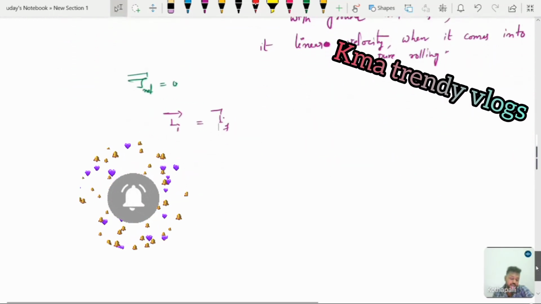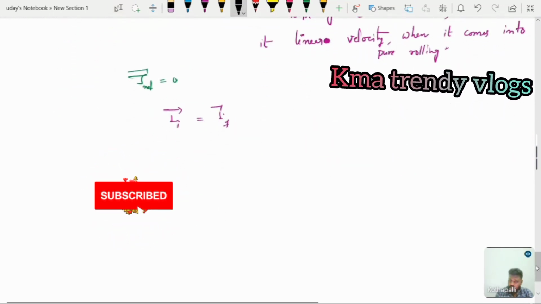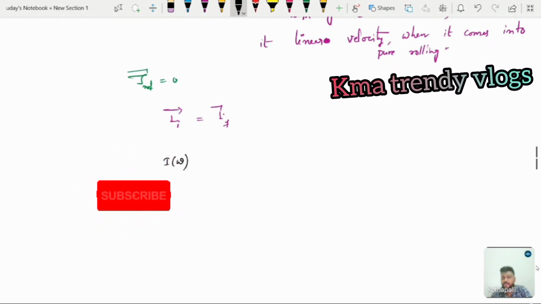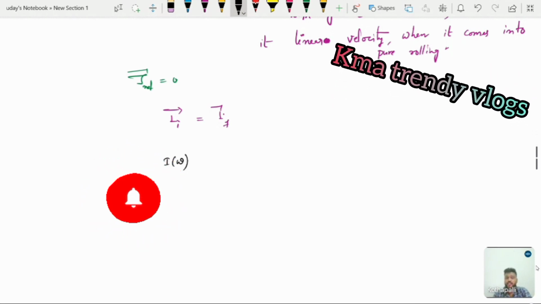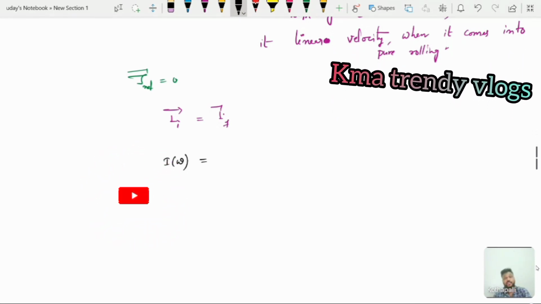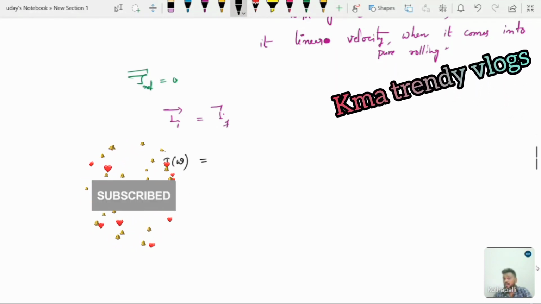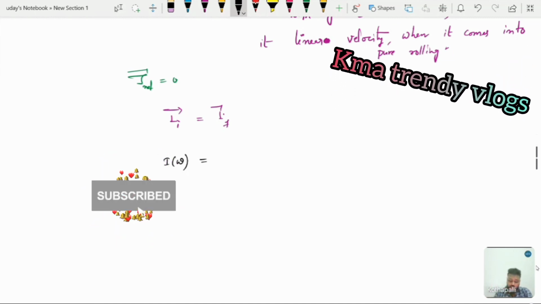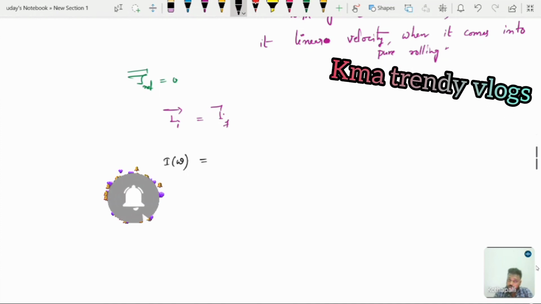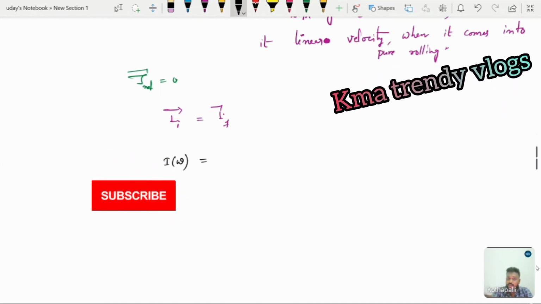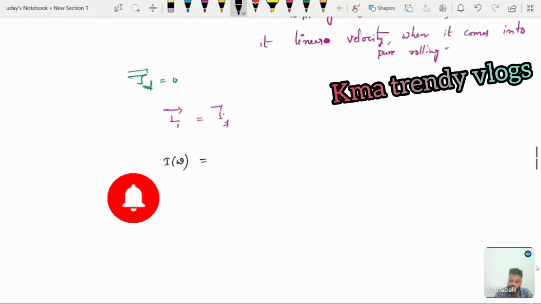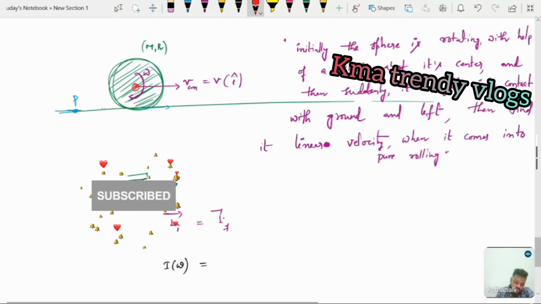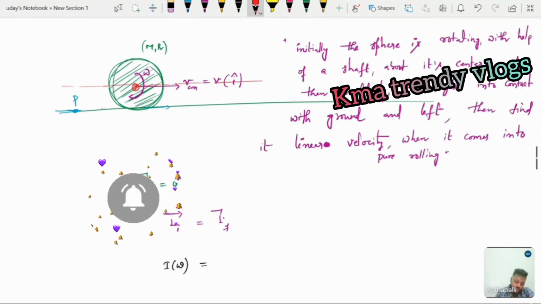We need the initial angular momentum and the final angular momentum. Initially it is in pure rotation, so the angular momentum is I omega. Finally, after it comes into pure rolling motion, it will also have translatory motion, which means the angular momentum of the center of mass about the point P. You need to take the entire body as a point mass placed here, which appears to move about this point.